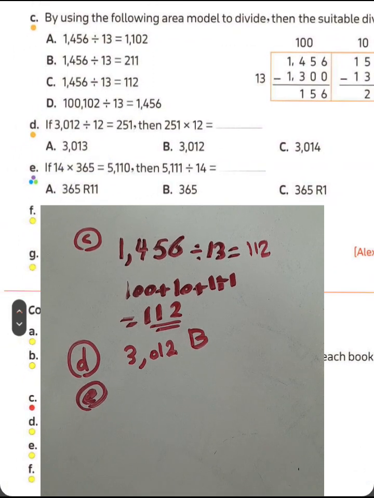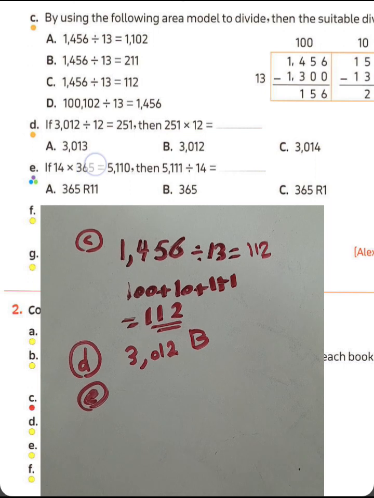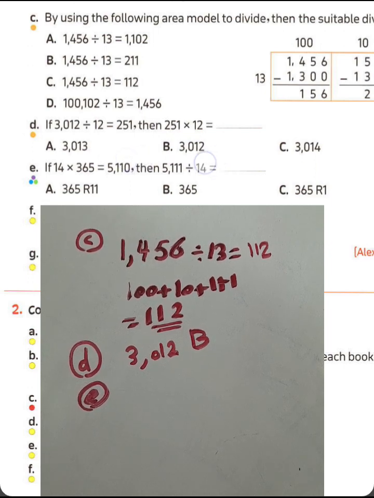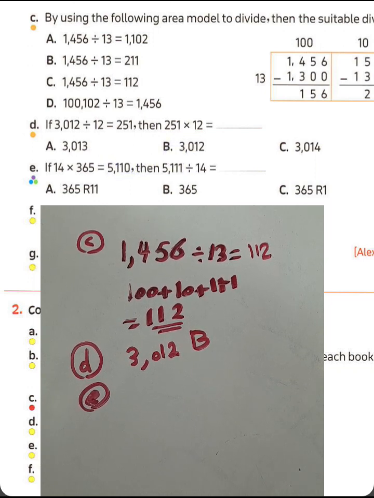Question letter E. If 14 by 365 equals 5110, then 5111 divided by 14. We know the dividend was changed by adding 1, so the remainder will be 1. The result here will be 365 and the remainder 1, because 5111 is greater than 5110, and the difference between the two numbers equals 1. You must write 365 and the remainder 1.